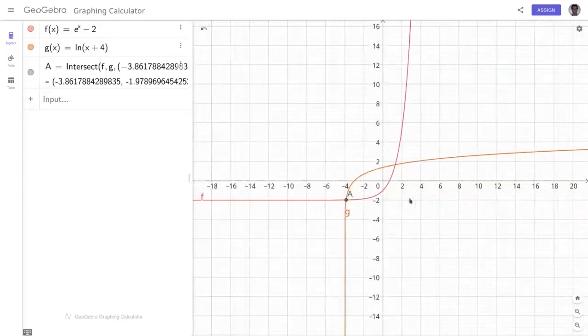And it helps if you have a sense of what the exponential function looks like, knowing that the exponential function will just go up continuously very quickly to the right and level out to the left, where the natural log function has a vertical asymptote here and goes up very slowly to the right. You know that it will not have any more intersection points. So these are the only two, and we have a complete solution.